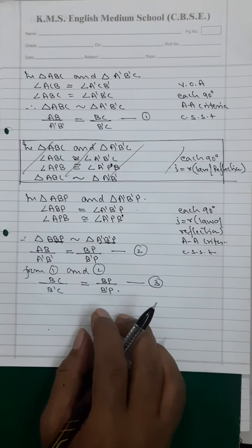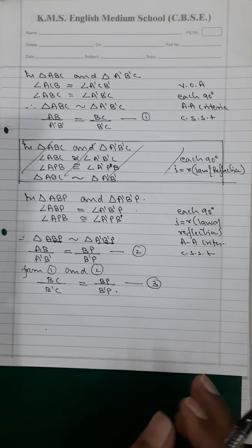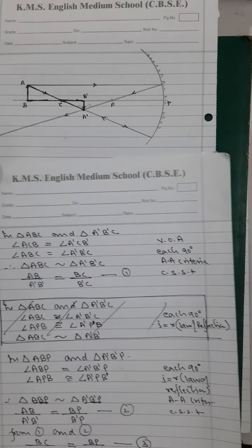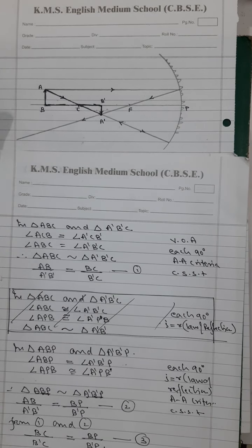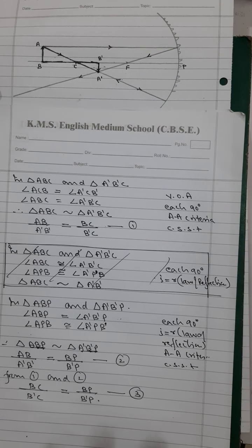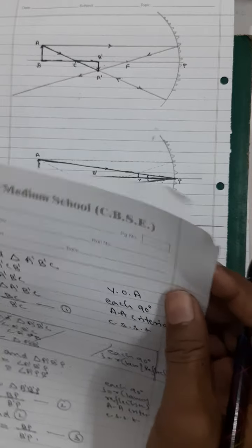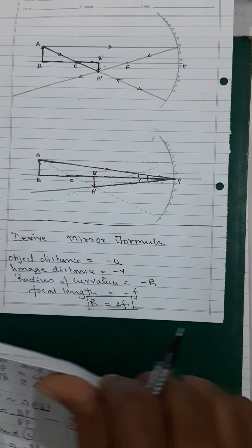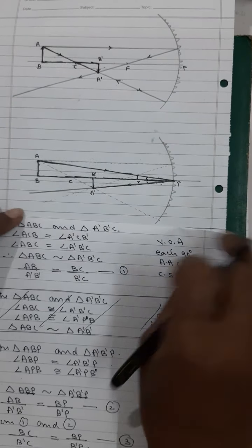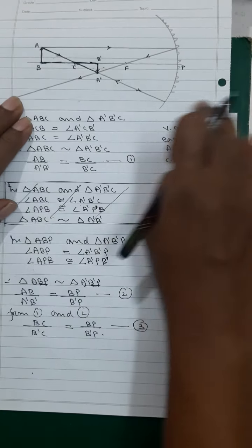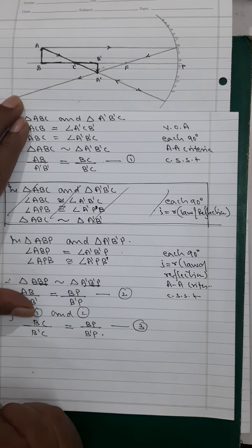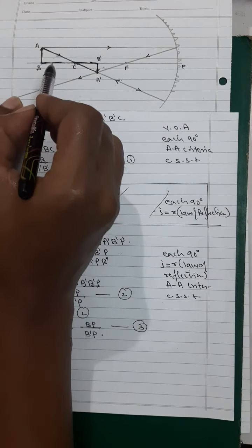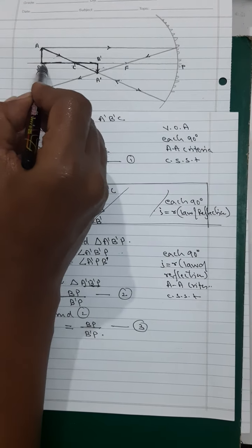Now comes another thing. We require what all things to find. Now you will have to jump through the topics again and again. Coming to this, we require BC upon B dash C. If you consider this BC, what is BC?